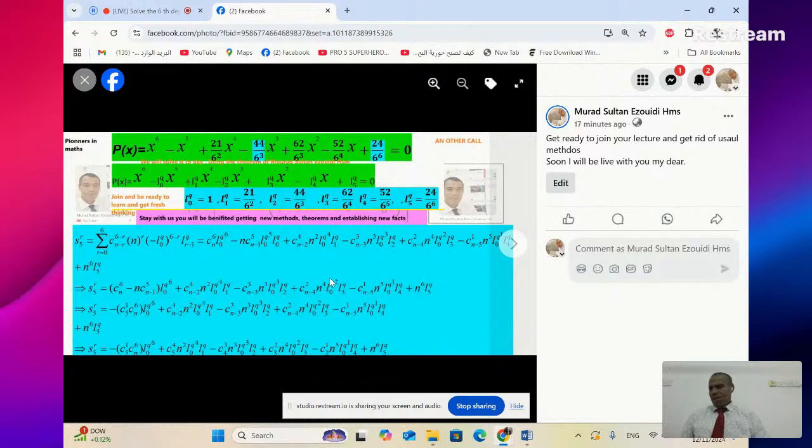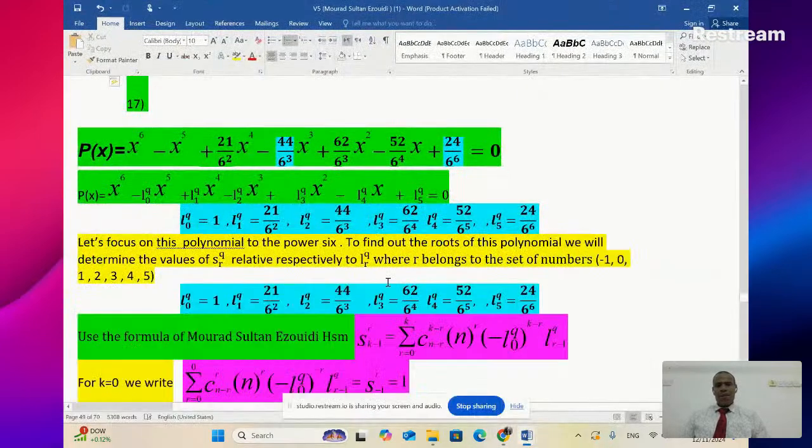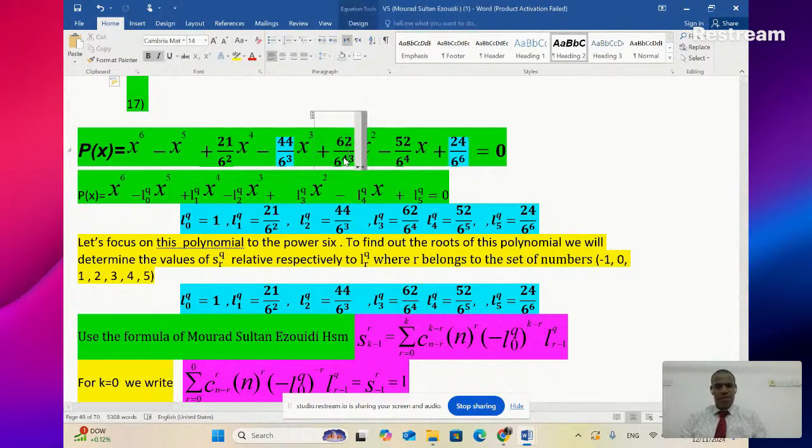So now I'm going to do it, learners. Prepare yourself, it's an occasion for you to get to know about solving problems to the power 6. The coefficient here is 4, and this is 52 divided by 6 raised to the power 5.